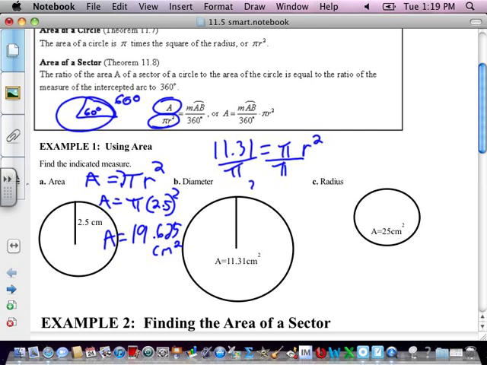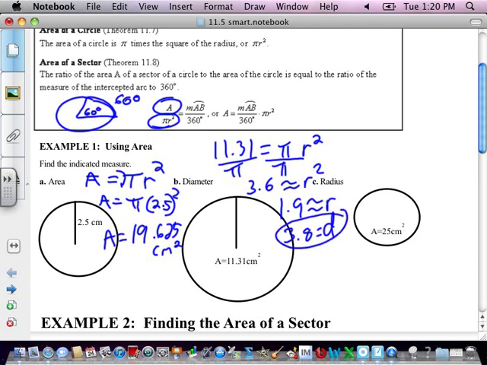And we get approximately 3.6 is r squared. How do I get rid of the squared? We square root 3.6 and we get 1.89, so let's round up to 1.9 is approximately r. How do we find the diameter? We do 1.9 times 2, because the diameter is twice the radius. So we get 3.8 equals the diameter.